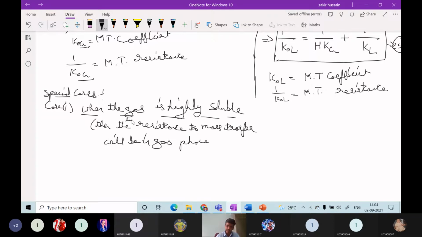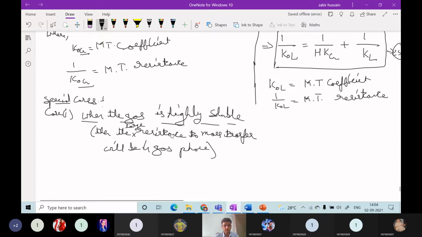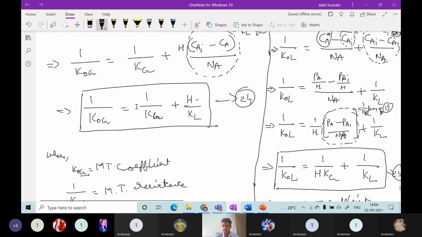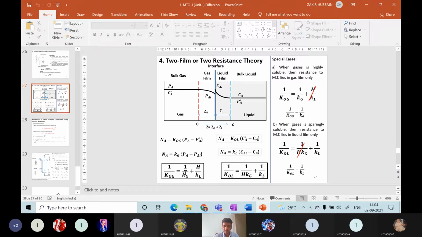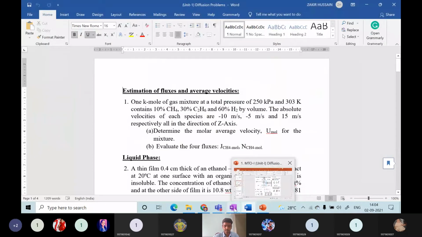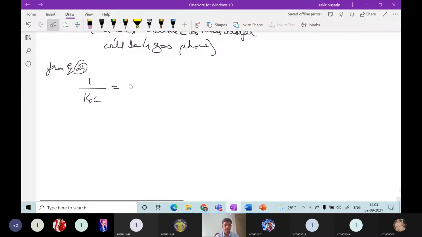Or we can say the large resistance to mass transfer will be in the gas phase. So for example, let us take equation number 24. From equation 24, 1 by KOG is equal to 1 by kg plus H by KL.